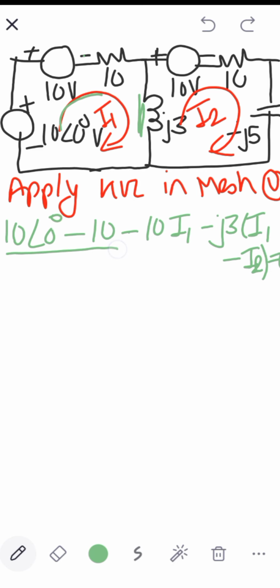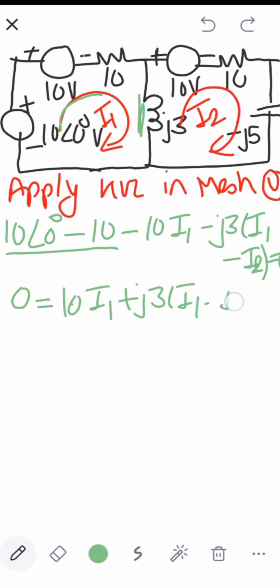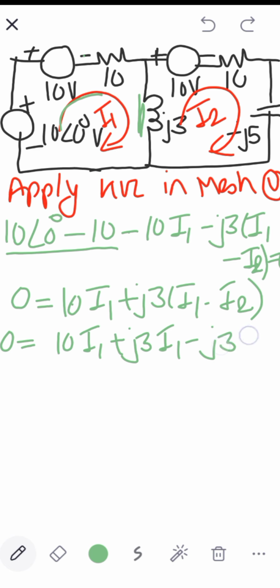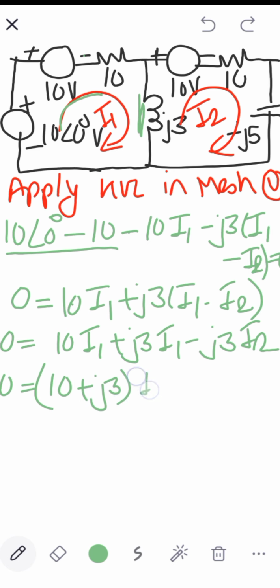Keep the voltage source on the left hand side. So 10 at an angle 0 degree minus 10 is nothing but 0, equal to all these voltage drops on the right hand side: J3 (I1 minus I2). 0 equals 10 I1 plus J3 I1 minus J3 I2. Final equation is 0 equal to (10 plus J3) I1 minus J3 I2.